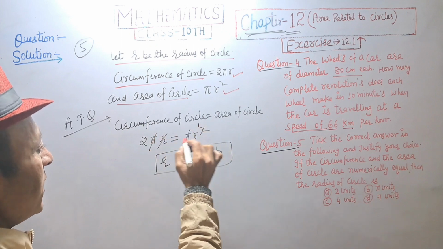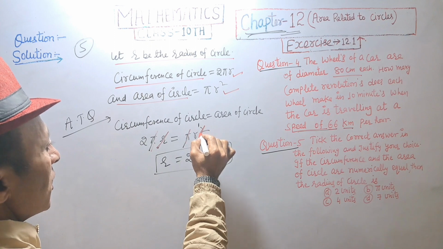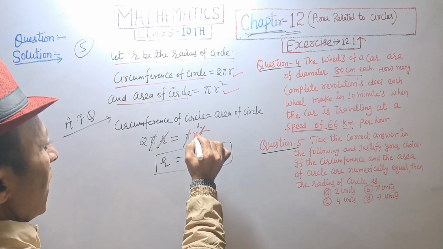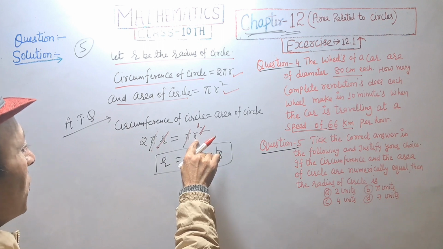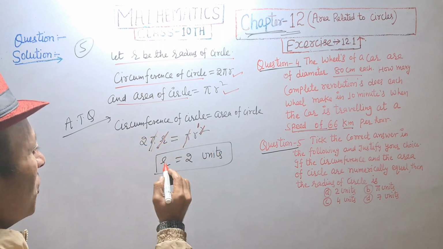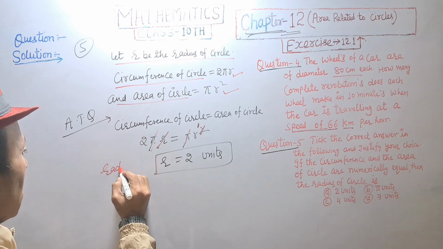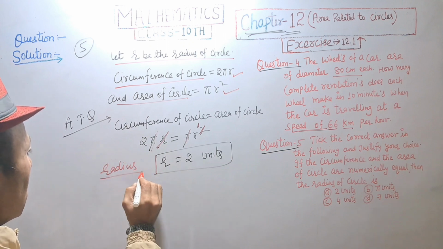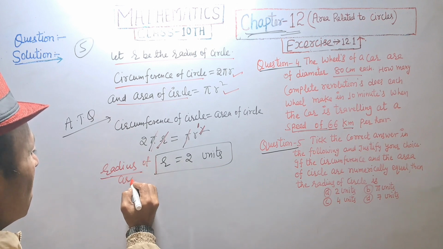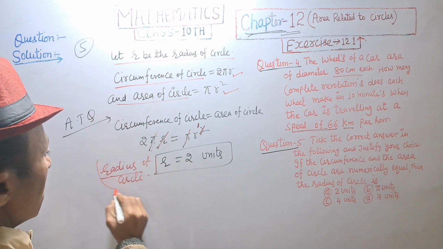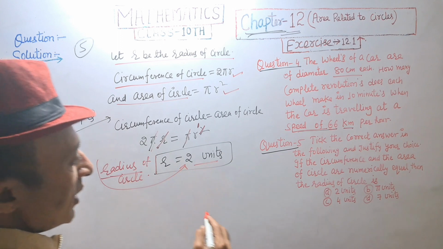Pi is cancelled and r is cancelled once. R is equal to 2. Then radius of circle is equal to 2 units.